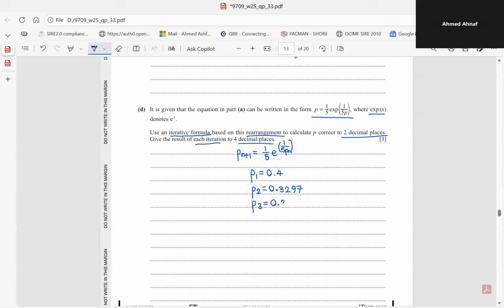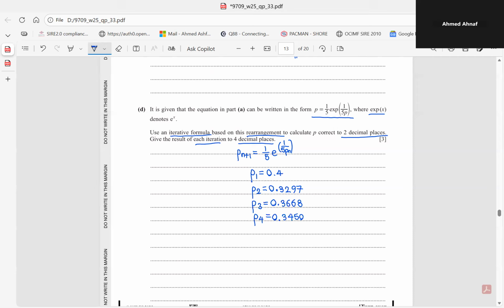To know when to stop, if your values are very close together and when you correct them to 2 dp, the last 2 iterations are the same, you can stop there. For now, we don't think we're even close to that. So I'll just do it again. 0.3450.